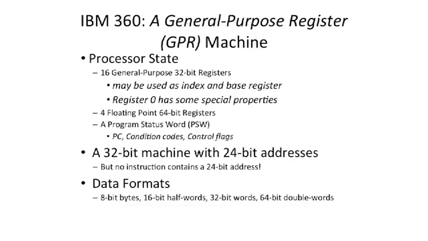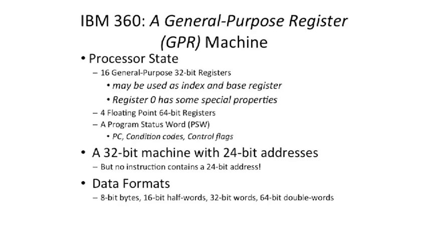The IBM 360 is a general purpose register machine, and we'll talk more about that later in this lecture. To give you an idea, this is what the programmer saw, or what the software system saw. This isn't what was actually built in the hardware, because that would be a microarchitecture constraint. The processor state had 16 general purpose 32-bit registers. It had 4 floating point registers.